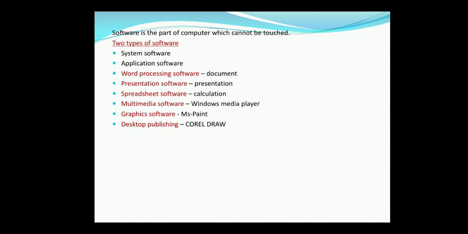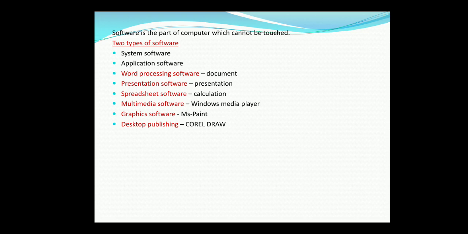Now the application software. Application software we use according to our requirement. When we have to type the document, we use the word processing software. When we have to create the presentation, we use the presentation software like MS PowerPoint. Spreadsheet software is used for calculation like the MS Excel.